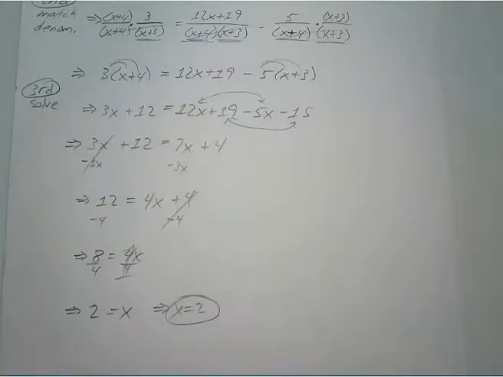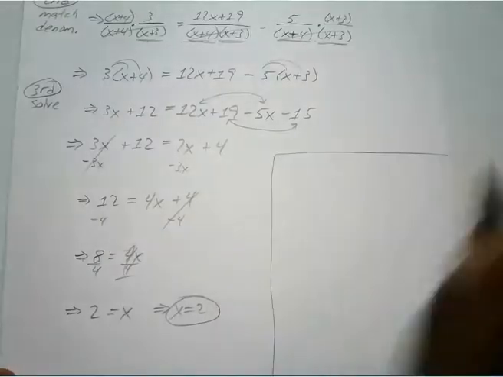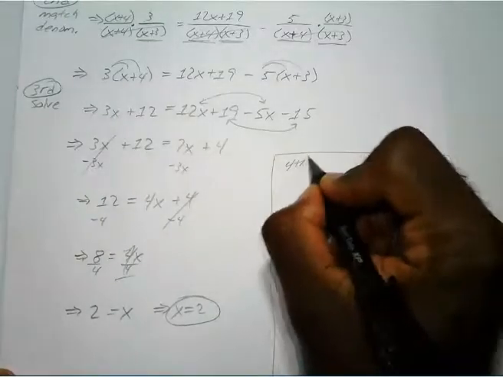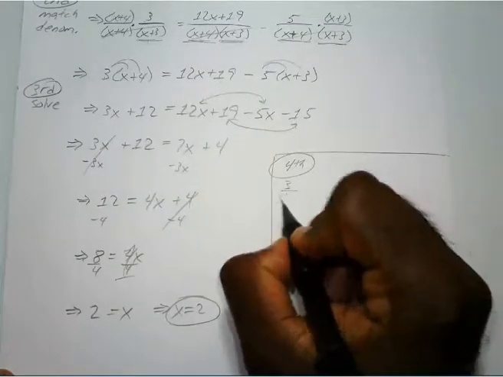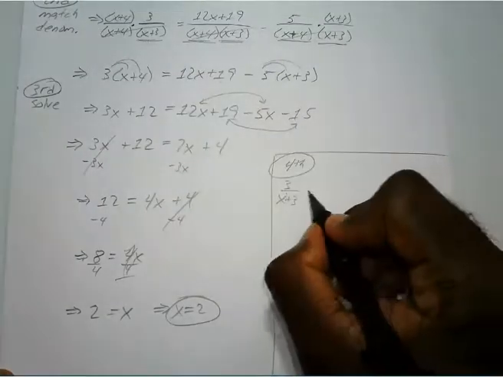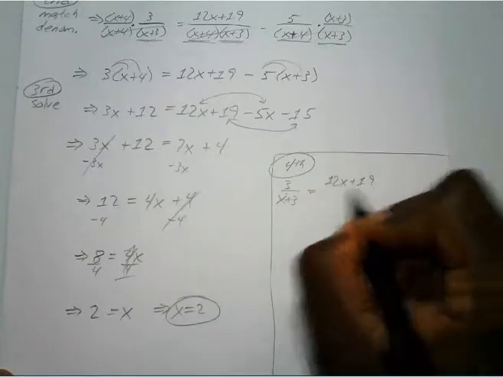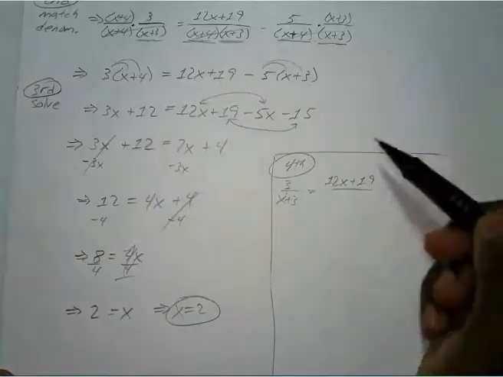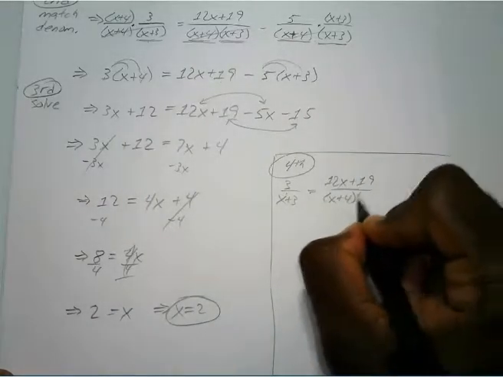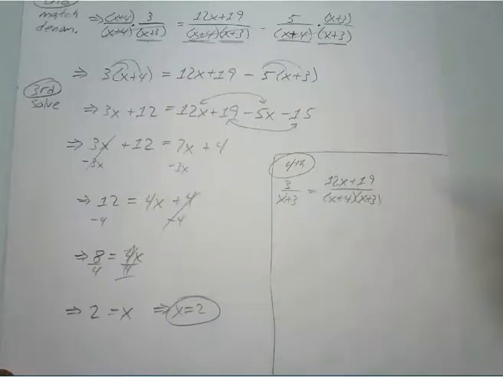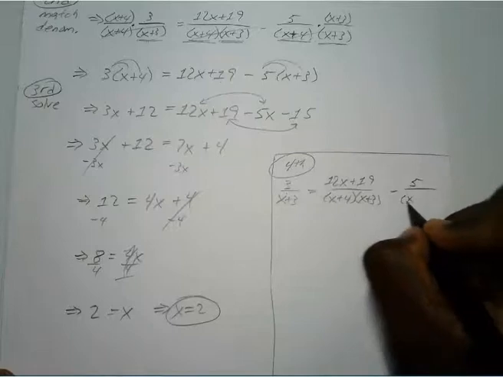Okay, but remember, you have that fourth step, which you can do just by looking at it in most cases, but we're going to write it out. So you have 3 over x plus 3 equals 12x plus 19 over, instead of x squared plus 7x plus 12, I'm going to make it x plus 4, x plus 3, minus 5 over x plus 4.